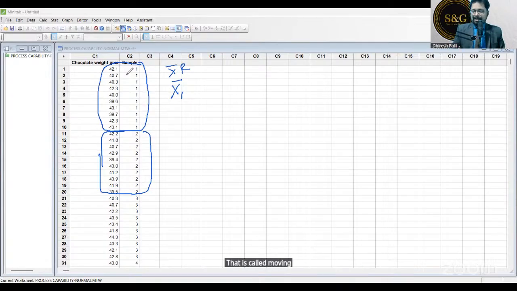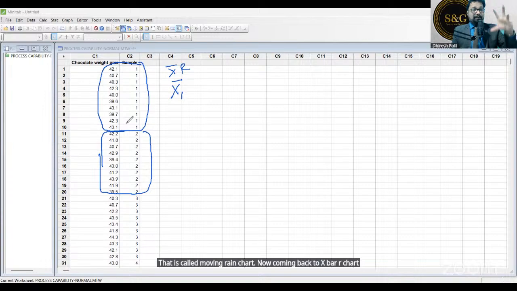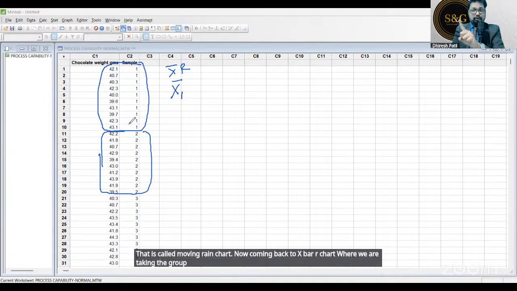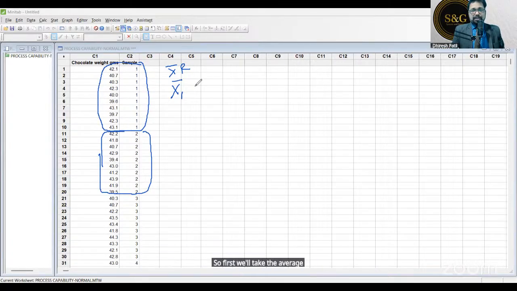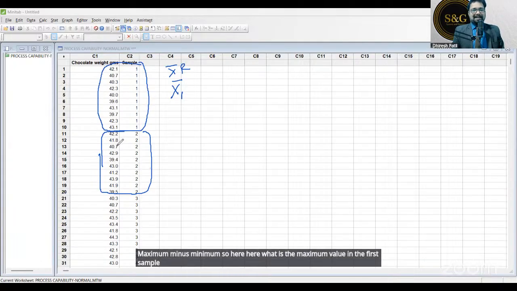Now coming back to the X bar R chart, where we are taking groups of samples, not individual samples. First we take the average and then the range. Range is the maximum minus the minimum. So what is the maximum value in the first sample? In the first set, what is the maximum value? Type in the chat box. What is the maximum value of the first 10 samples?